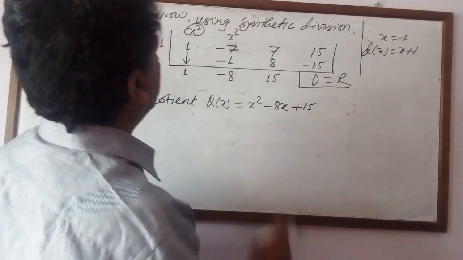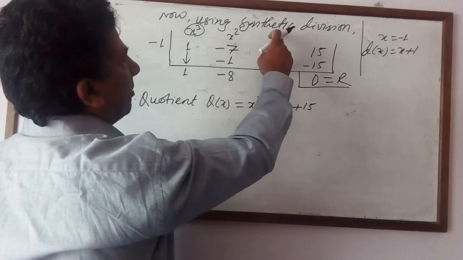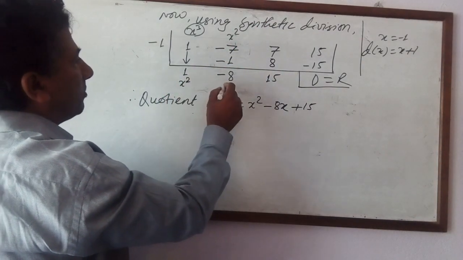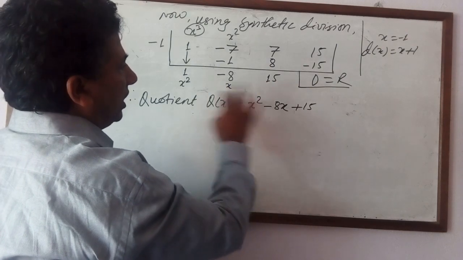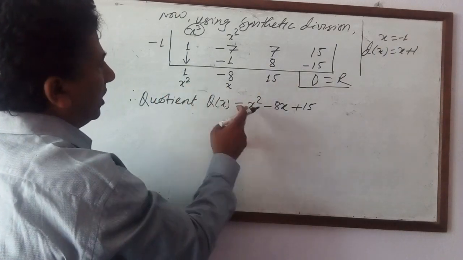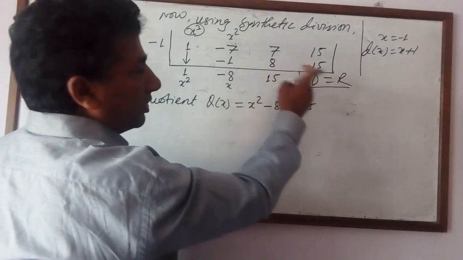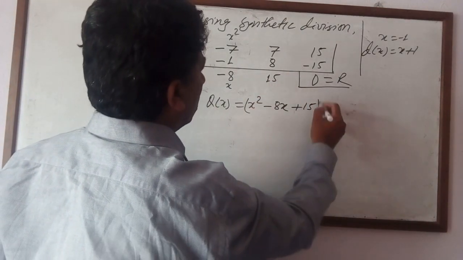This is our coefficient: x power 3, x power 2, x power 1. Reduce here, begin from here: x power 2, x power 1, x power 0 means 1. In this way, this 1 comes with x square, this minus 8 comes with x, and this is x power 0, meaning 1. This is the quotient.